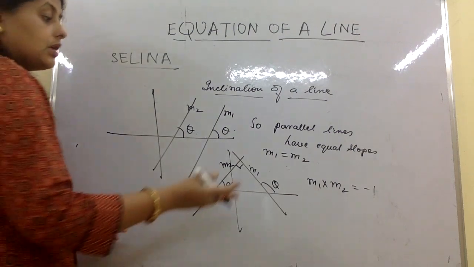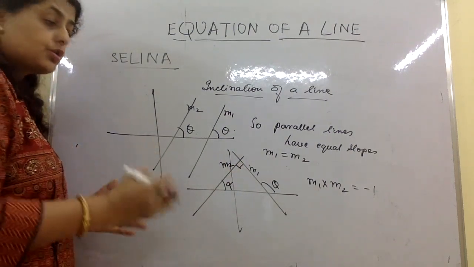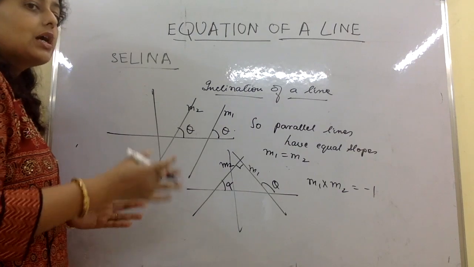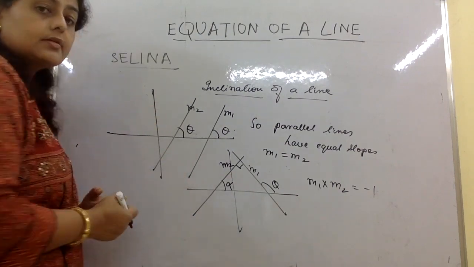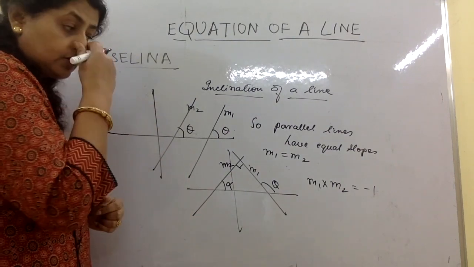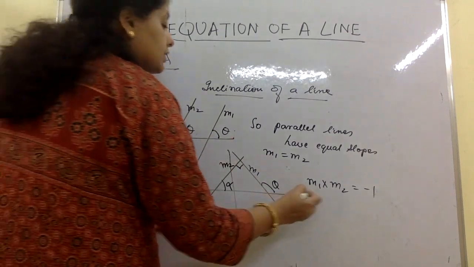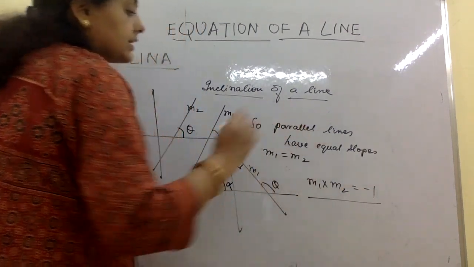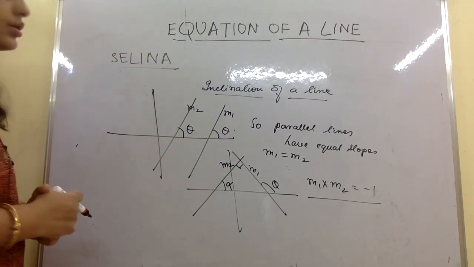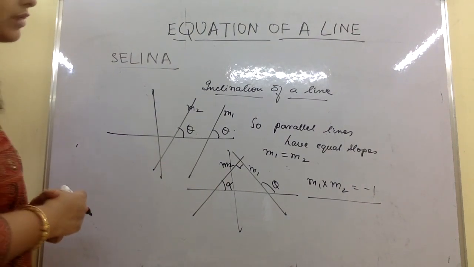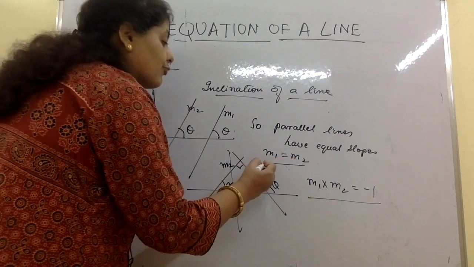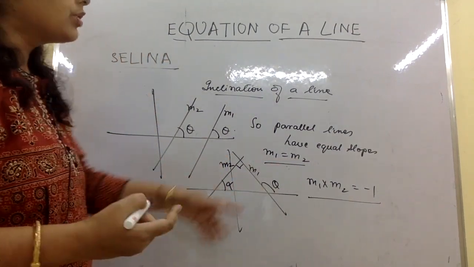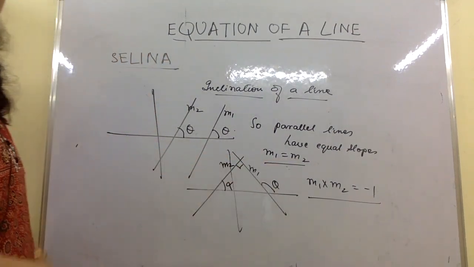I did not do the proof of this because it is taught in 10th standard portions, so I am just giving you the result. m1 into m2 is minus 1. So we are going to get a lot of sums based on this: m1 equal to m2 and m1 into m2 equal to minus 1.